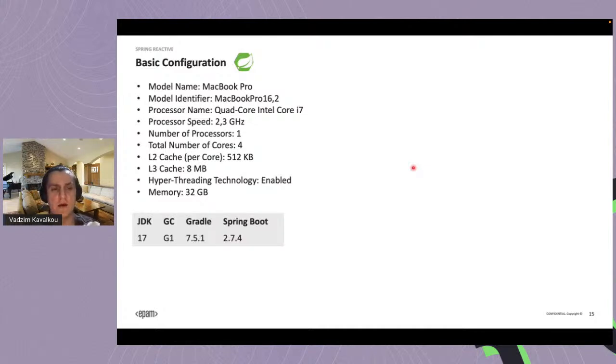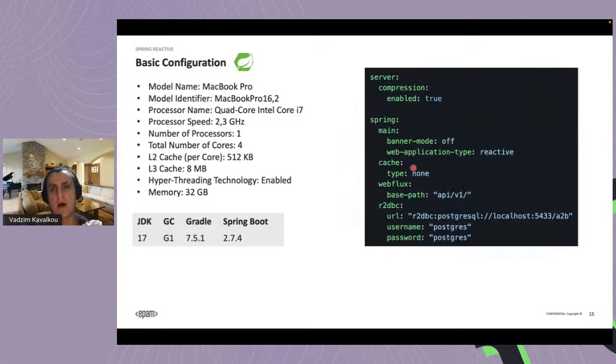JDK 17, the garbage collector is G1, Gradle version is 7.5.1, and Spring Boot, as I mentioned before, 2.7.4. The default setup you can find on this screen: I've enabled compression, and I've predefined that we are using R2DBC, and you can find this by the R2DBC prefix in the URL, and that's it.